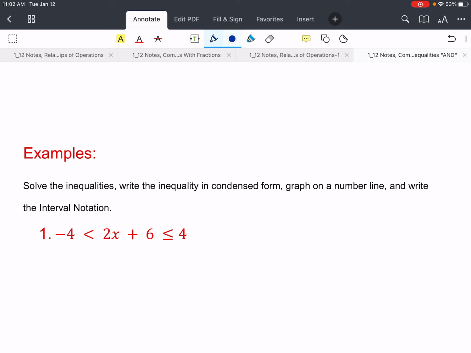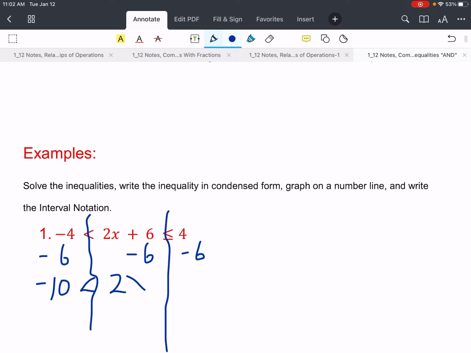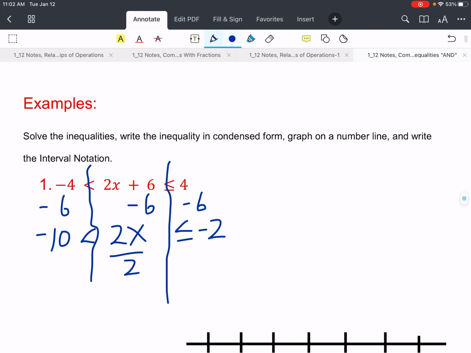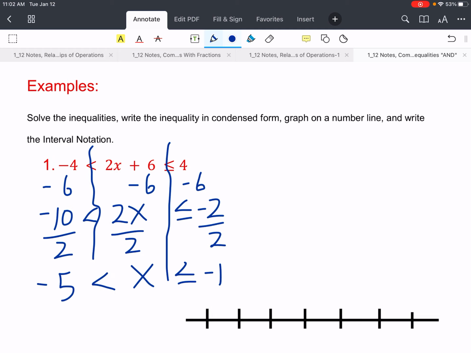So here for number 1, we are thinking of our inequality symbols as sort of our 3 sides. When we subtract 6 in the middle, we have to do that on the right and the left. So that'll leave us with -10 is less than 2x, which is less than or equal to -2. And then we're dividing everything by 2. And we have -5 is less than x, less than or equal to -1.